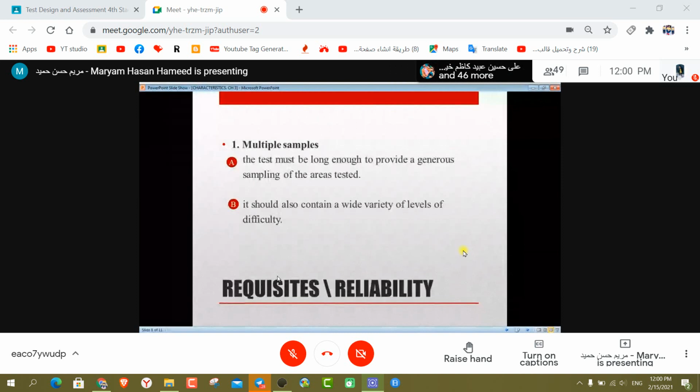This is the first point. The second point, the test must be long enough to provide a general sampling of the areas tested. As I said here, we have at least, for example, 2 or 3 questions to provide a general sampling. It should also contain a wide variety of levels of difficulty.